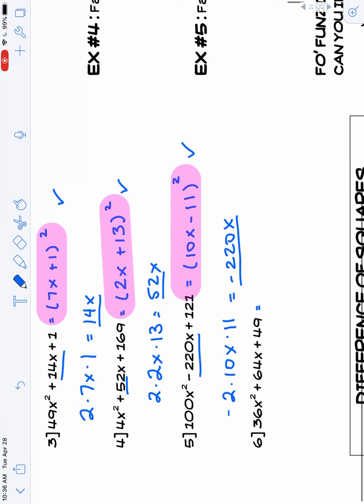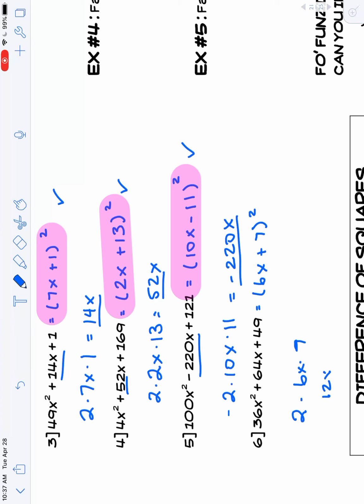Last one. We look at the ends. The square root of 36x squared is 6x. The square root of 49 is 7. Does this work? 2 times 6x, sorry, 6x.